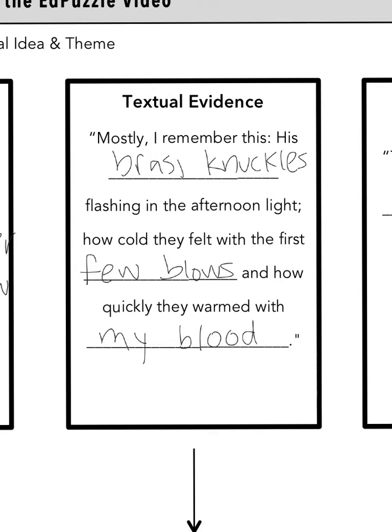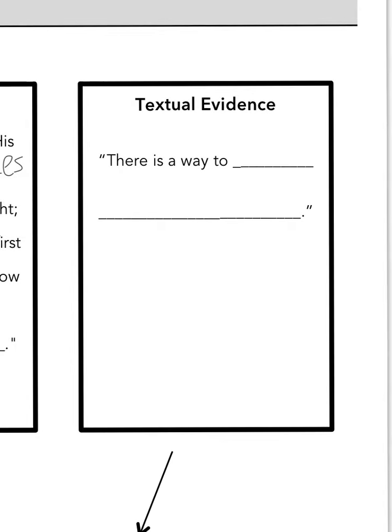So your second piece of textual evidence, I remember this. His brass knuckles flashing in the afternoon light, how cold they felt with the first few blows, and how quickly they warmed with my blood. And then your last piece of textual evidence from The Kite Runner that we're going to use is, there's a way to be good again.